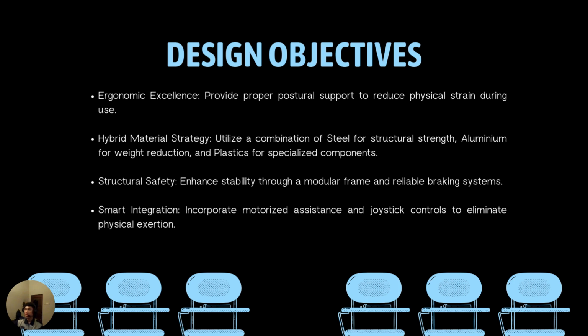For safety, we use a braking system at the motor, an automatic braking system like a motorcycle engine. Then smart integration, which is smart tech with motorized assistance using joystick control. So we want a design that balances safety, comfort, and independence.